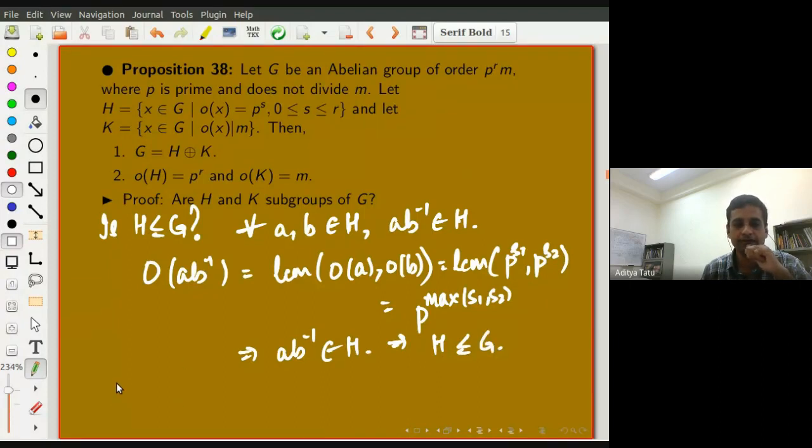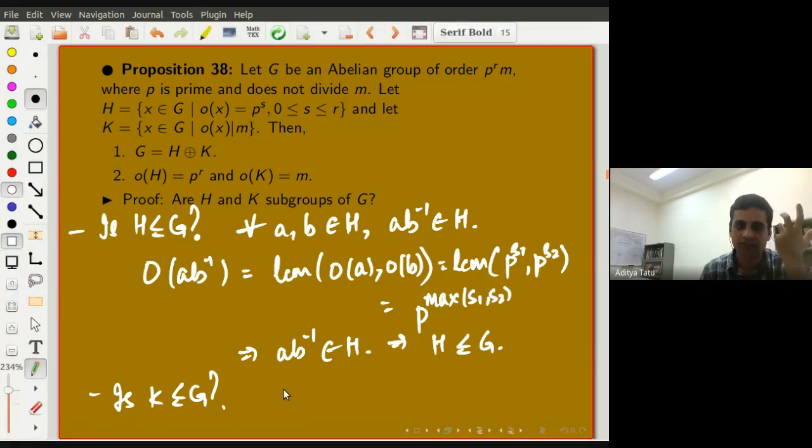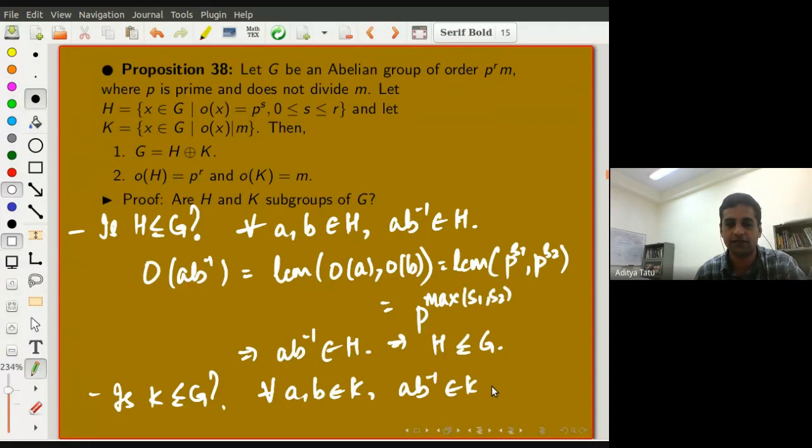How about K? Same thing, right? For all A and B in K, show that AB inverse is in K, or at least verify.